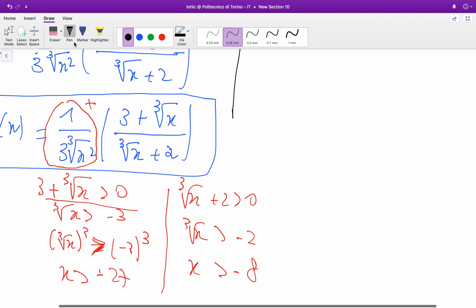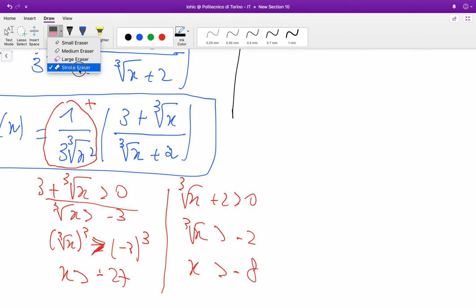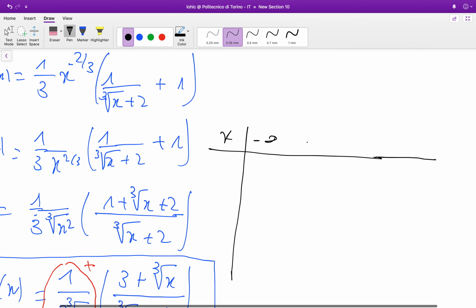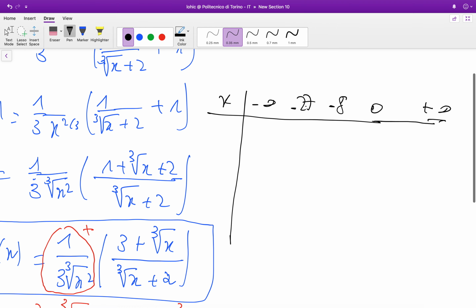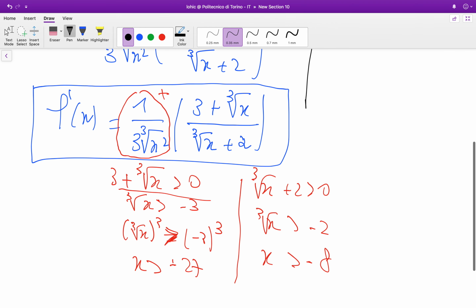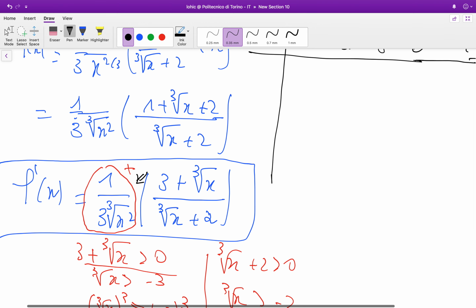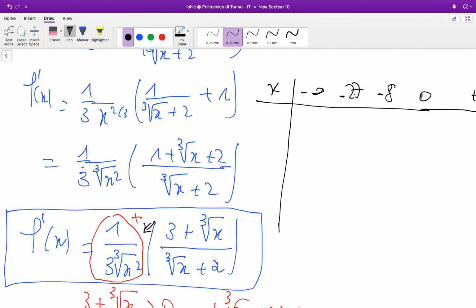So let me cancel and put it, I forgot. So the important points that we got were minus 27, minus 8, 0, and finally plus infinity. The first piece of the derivative, which I say is always positive, let's put it in the table anyway.